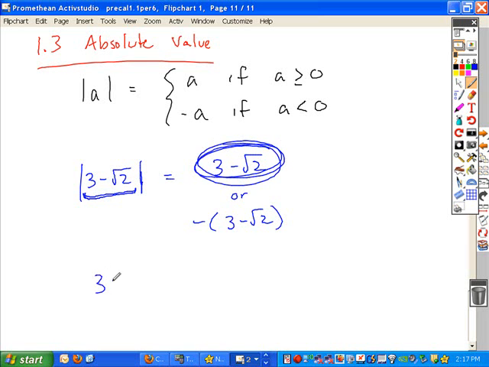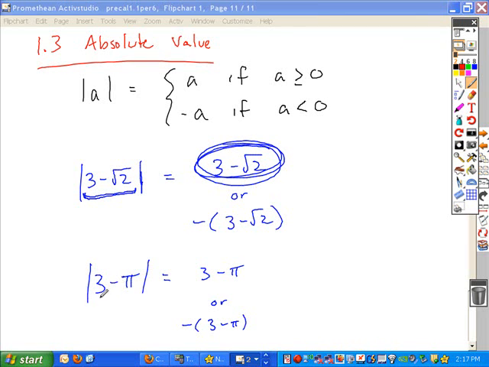What if I did something like this? Absolute value of 3 minus pi. Again, mentally you want to think it's either going to be 3 minus pi or the opposite of 3 minus pi. You choose which one based on whether the original value is positive or negative.